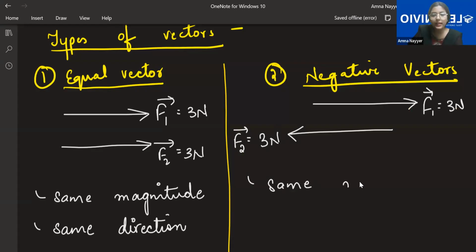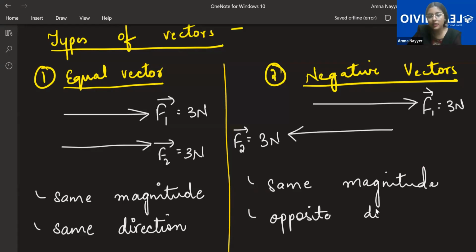Can you see both the magnitudes are still the same? But the direction is exactly opposite. So you have opposite directions.